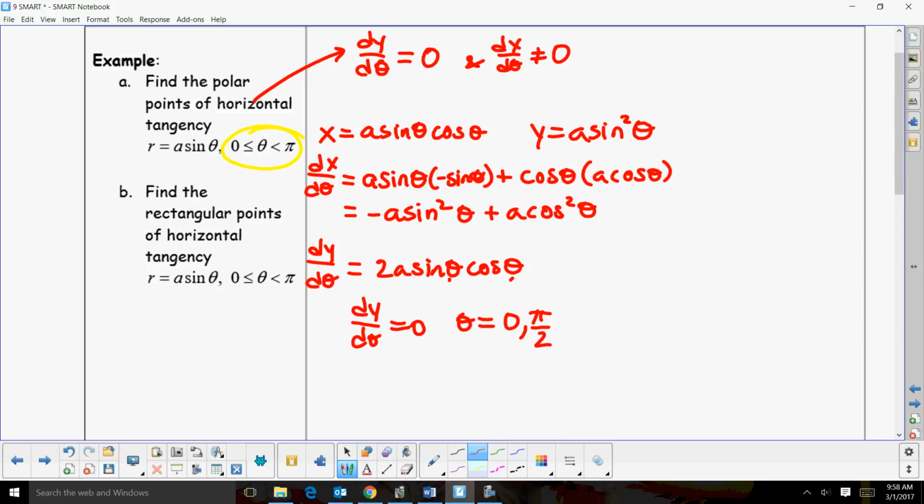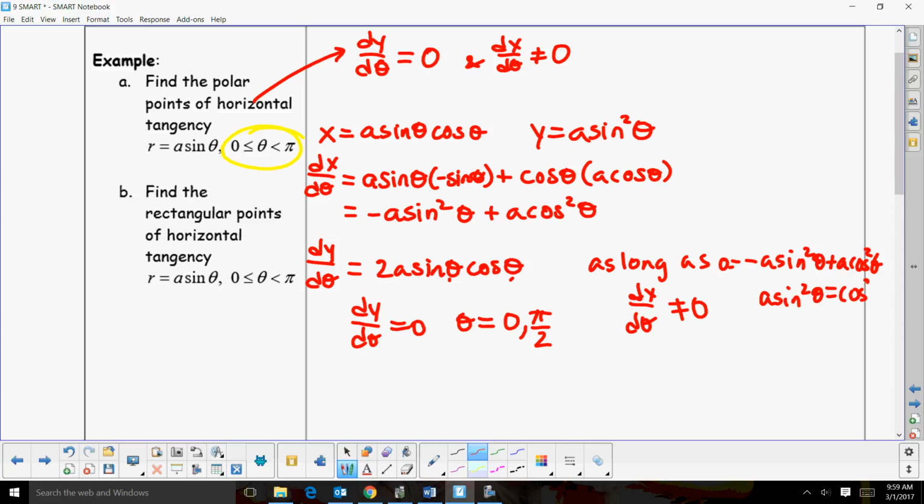Okay, so these are the guys I'm thinking, as long as my dx d theta doesn't equal 0. So what values would give me 0 on dx d theta? Ooh, that one's harder. It's where a sine squared theta plus a cosine squared theta would equal 0, or a sine squared theta would equal cosine squared theta.